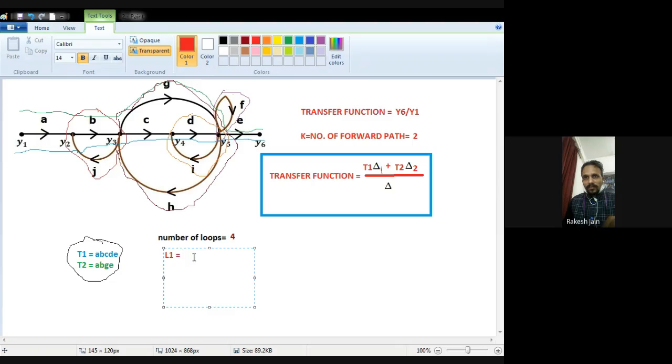See very clearly, I start from Y3, G is my gain, I reach Y5, then H is my gain, I again reach Y3. Okay, so there are four loops. So how many loops are there? There are four loops. So what are the gains of these loops?